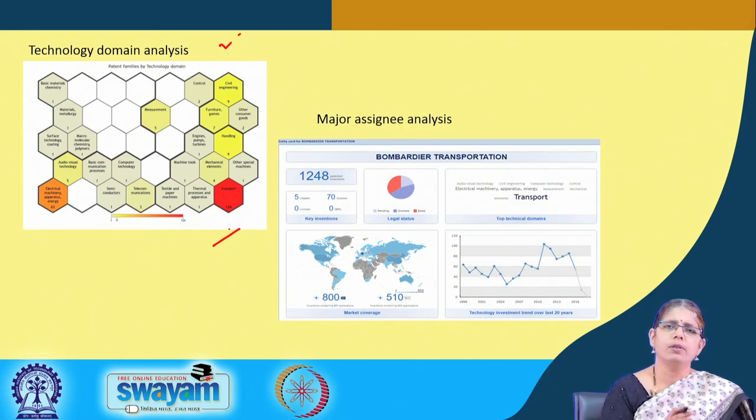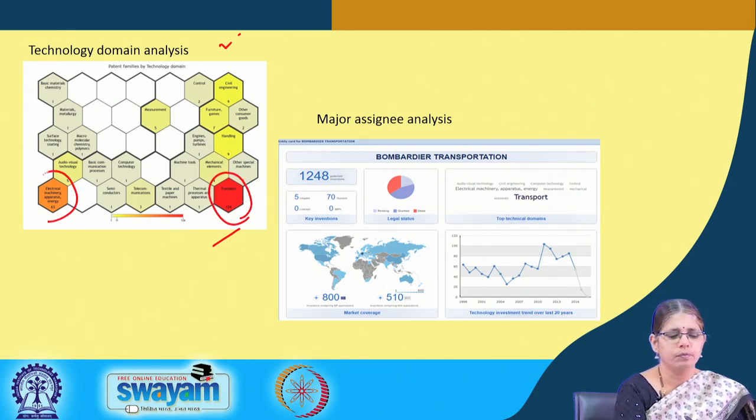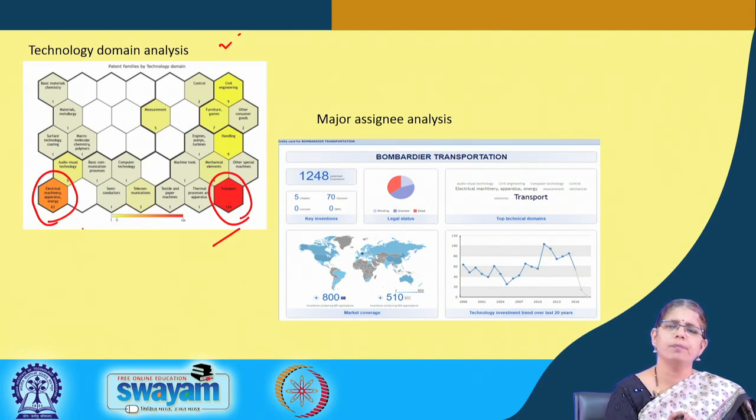Not only that, it also shows you where the major focus of inventions is in a particular area. For instance, here we are looking at this particular block. These blocks represent the major inventions in that particular technology area. So, one can actually take out that specific data set and do the analysis further.